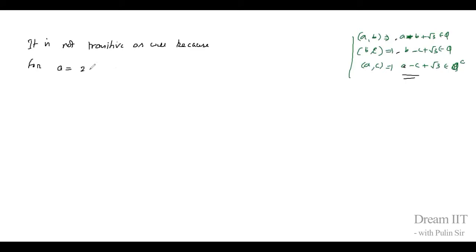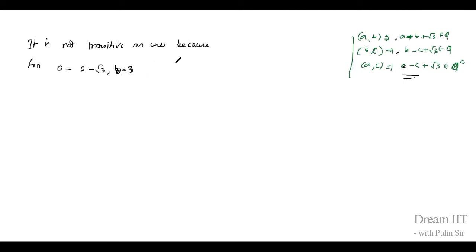Let me consider A as 2 minus root 3 only, and then B equals 3, and then one more B you consider.